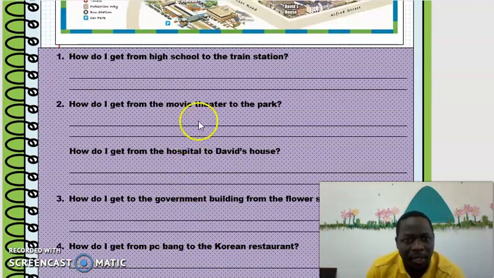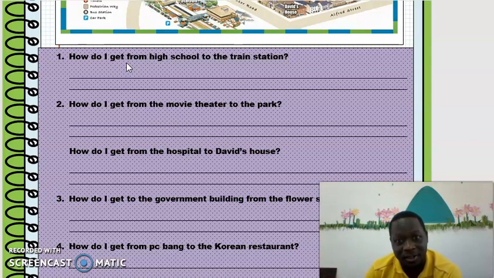Now, remember I told you, when somebody says "from," it means that is their location, and they are looking for the direction "to." That is why we use from and to. From means your current location. To means where you want to go. So don't get confused. For example, question number four: how do I get to the government building from the flower shop?